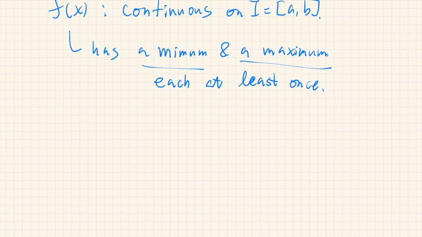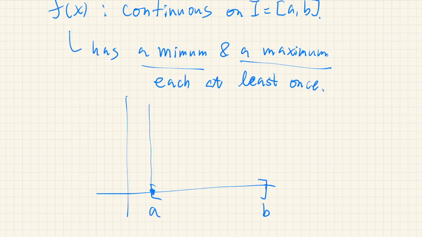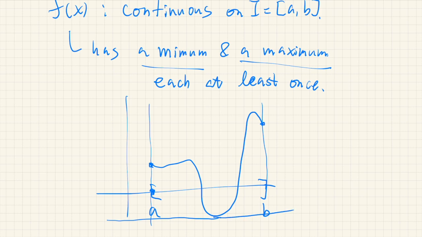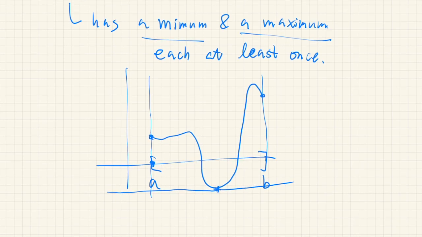This is also easy to understand. Let's draw a hypothetical graph of this function, with a and b. This is a continuous function, so it starts from somewhere and ends somewhere. There are no jumps here. If you look at this graph, there is always some value that is the minimum of this function.